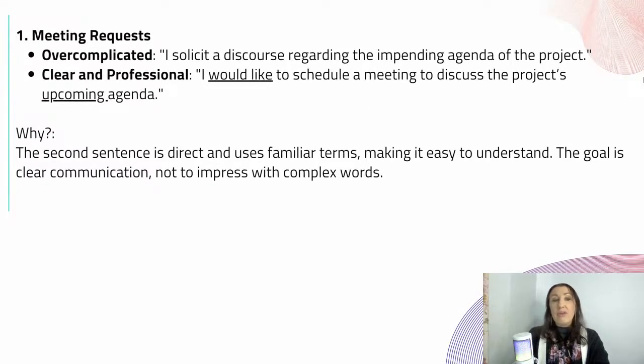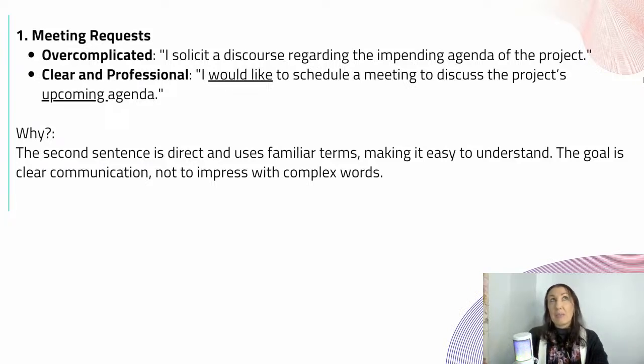So if you go overcomplicated during a meeting and you say something like this, I solicit a discourse regarding the impending agenda of the project, you sound overcomplicated. If you use clear and professional vocabulary, like I would like to schedule a meeting to discuss the project's upcoming agenda, that is professional, that is very clear, super highly educated, and those are familiar terms.